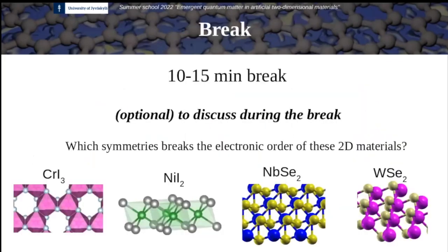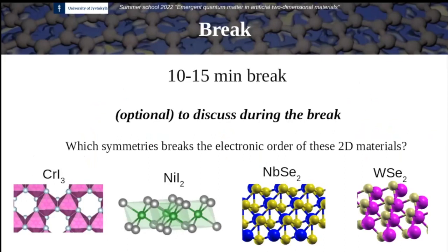All right, great. So now I think it's a very good time to make a second break. For the break, you can go outside and get some air, but if you want to think about something, I would like to ask you to think about what the different symmetries are that each of these four two-dimensional materials break.